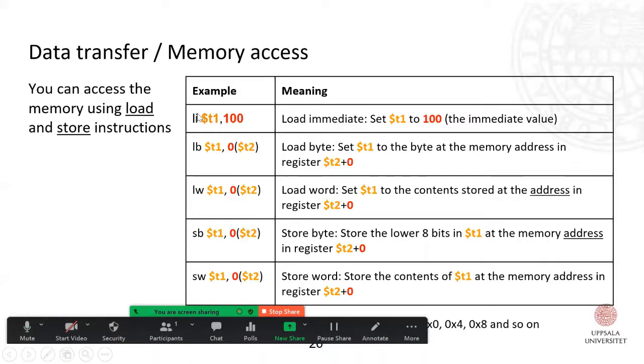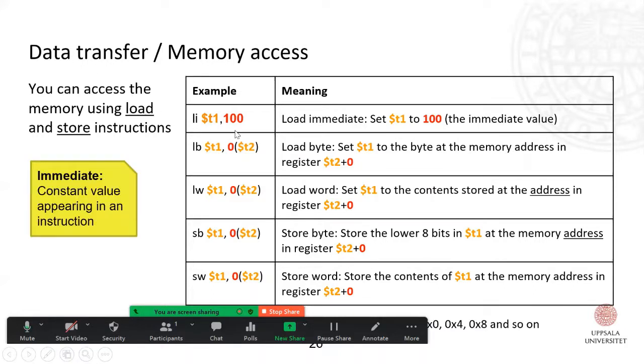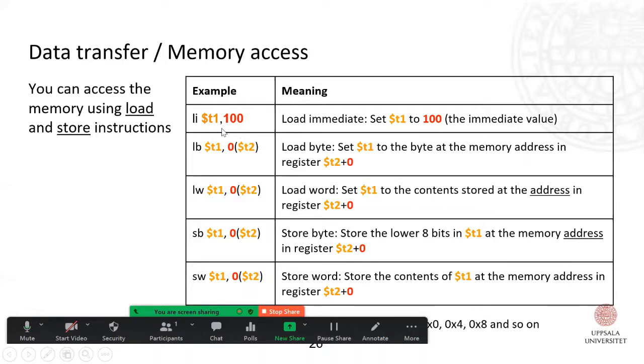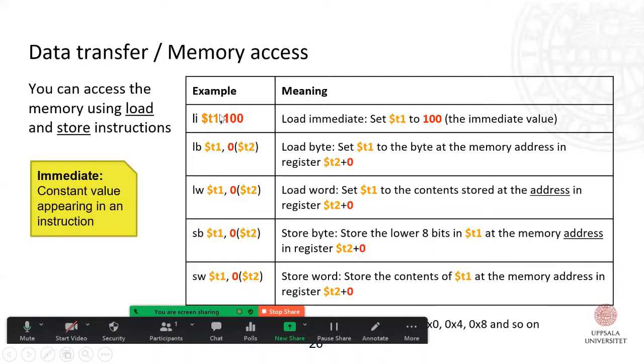In the first line, we have LI, which stands for load immediate. Immediate means a constant value that you directly write. In this case, it is 100. So this instruction is saying load immediate 100 in register T1. So immediate, as I said, is a constant value in the instruction. So this will load it in this register.